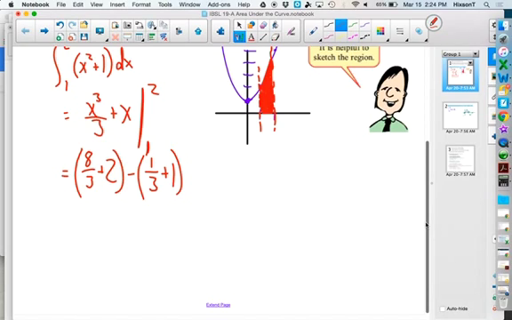Remember our fundamental theorem of calculus: we evaluate it at the top bound, then subtract it evaluated at the bottom bound. So 8/3 is 2 2/3, so this is 4 2/3 minus 1 1/3. That's 3 1/3. So that's our area contained in that little region there.